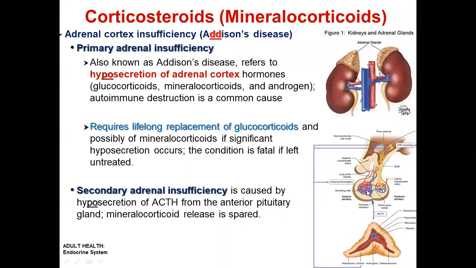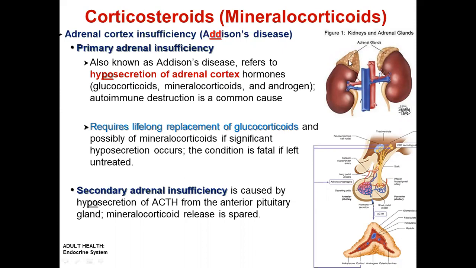If the problem is in the anterior pituitary or in ACTH secretion and the patient develops adrenal cortex insufficiency, it is called secondary adrenal insufficiency. And both together we call adrenal disorder.